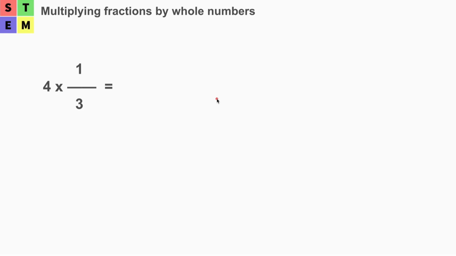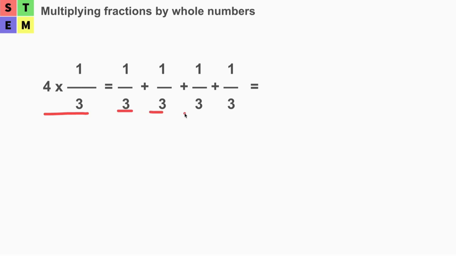Now this time, instead of marking the result on the number line, we're going to actually calculate it. So how can we calculate that? We got 4 times 1 over 3, right? So that equals 1 over 3 plus 1 over 3 plus 1 over 3 plus 1 over 3, which is 4 times, right? So 1, 2, 3, 4.